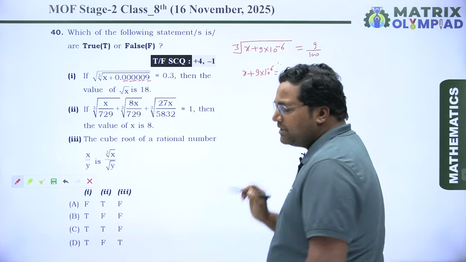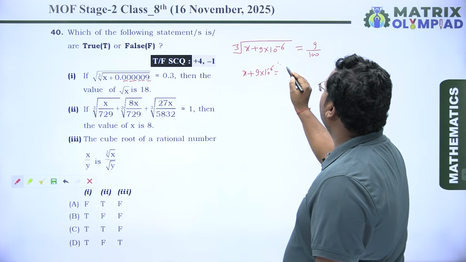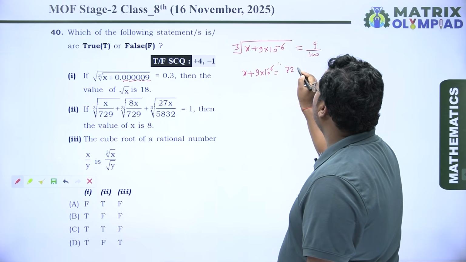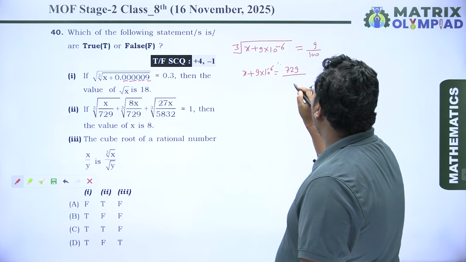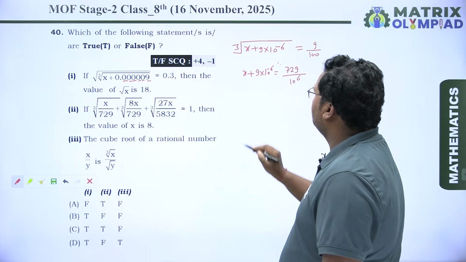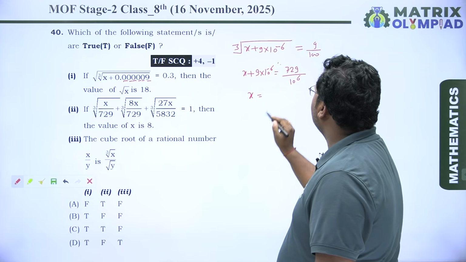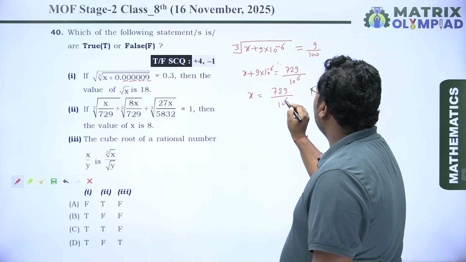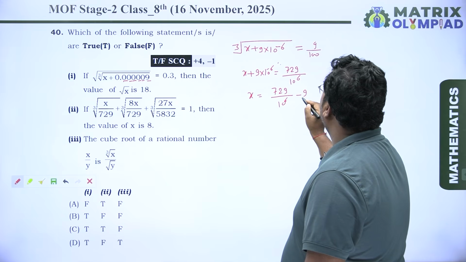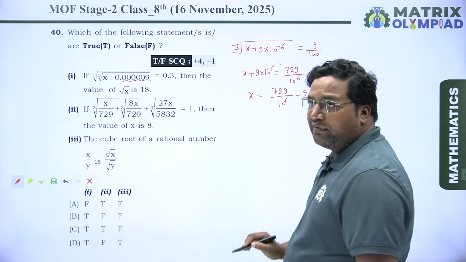and the cube of 9 is 729, and it is 10 square, and the cube of 10 square is 10 to the power 6. So from here we will get x equal to 729 upon 10 to the power 6 minus 9 upon 10 to the power 6.